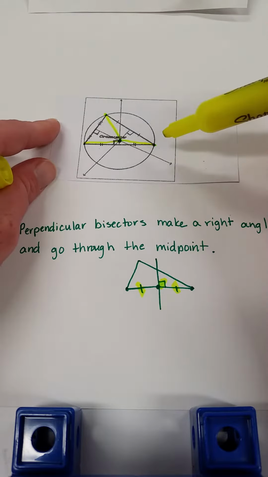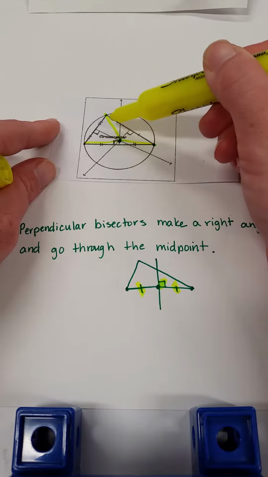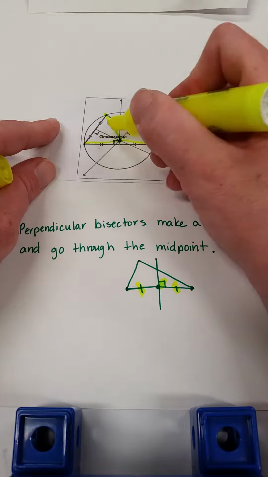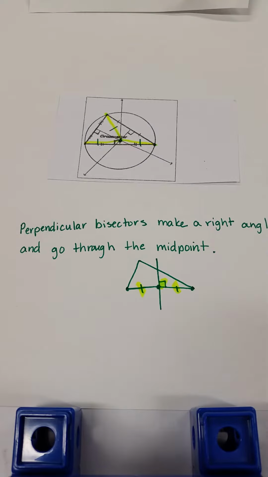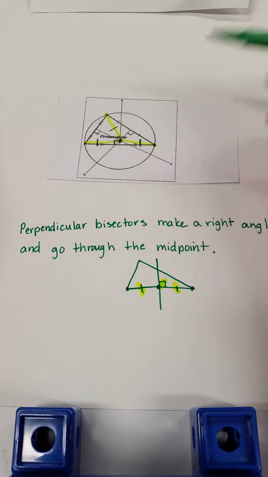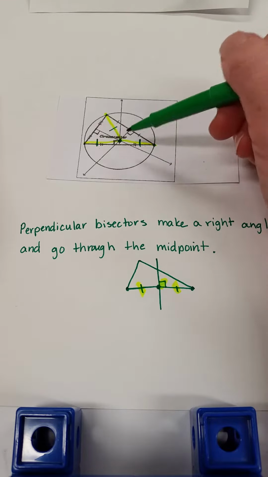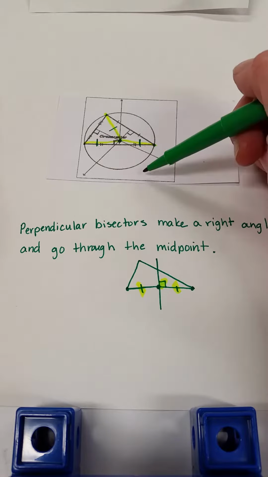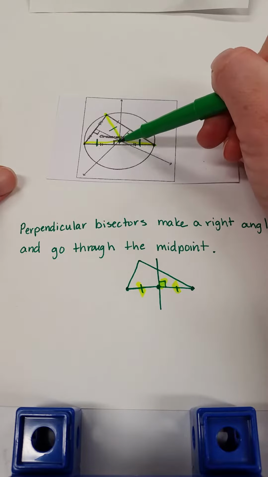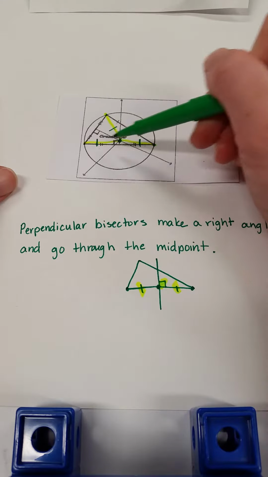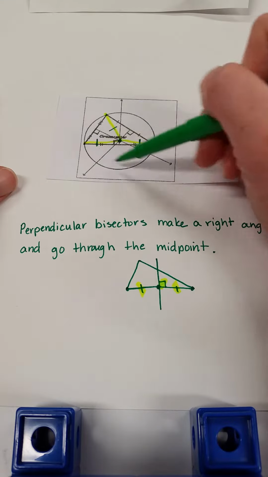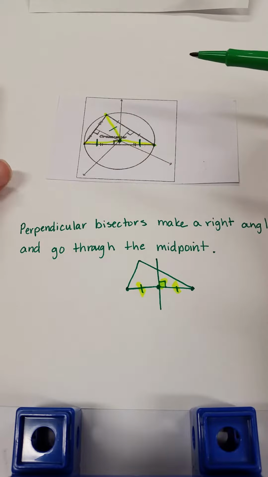So what you have in this picture is the radii, 1, 2, 3. The radii of the same circle are all the same, so I'm going to put a tick mark on these to show you that the radii are all the same length. The point of having this circle is to show that the circumcenter is the same distance to that vertex as it is to each of the other vertices, because it's the center of this circle, and the radii of the same circle are all the same.